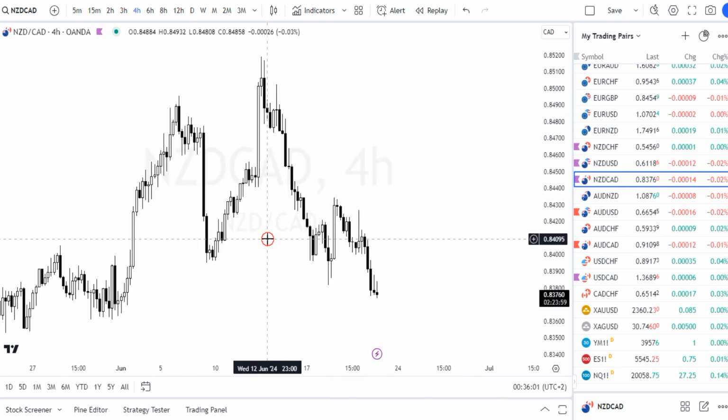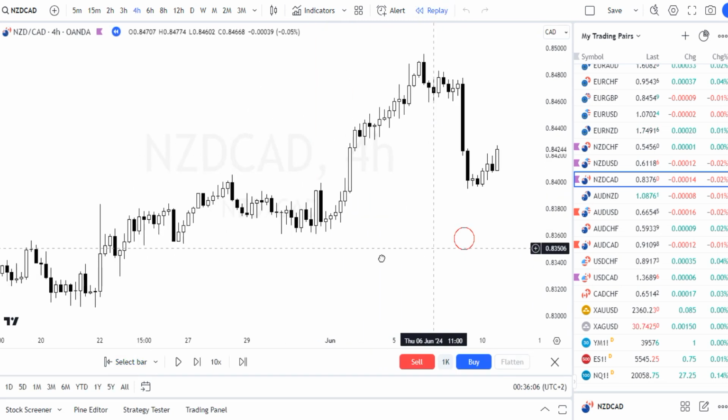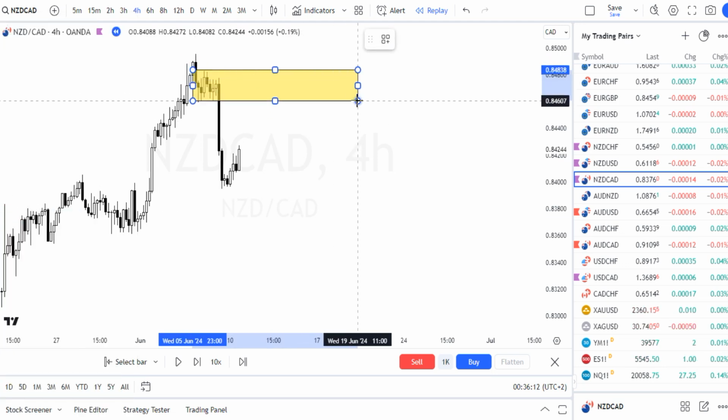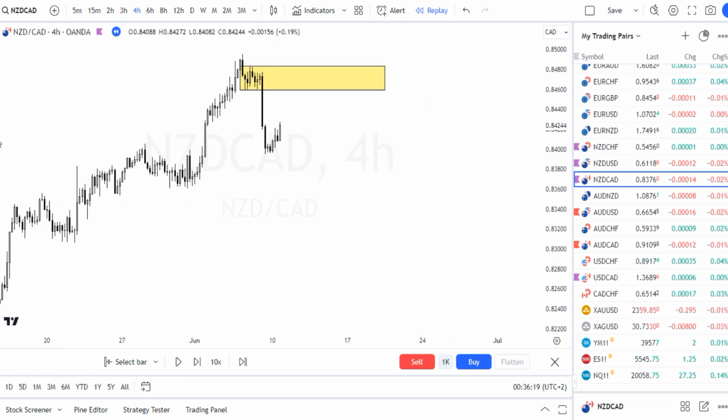Now for the first trade here, I sold. Let's say we sold here, or we want to place an order after this move was made. But can you see this move here?